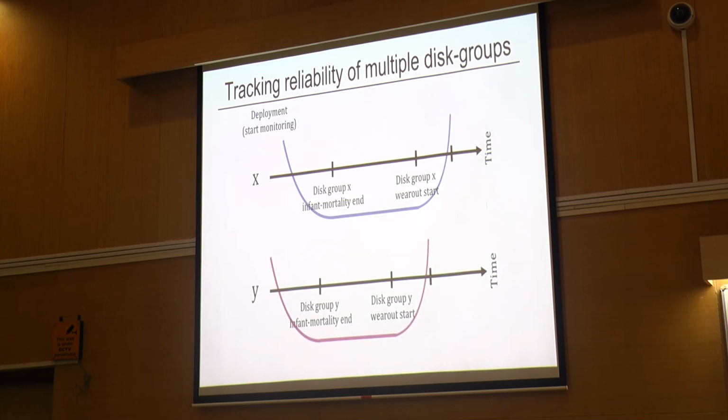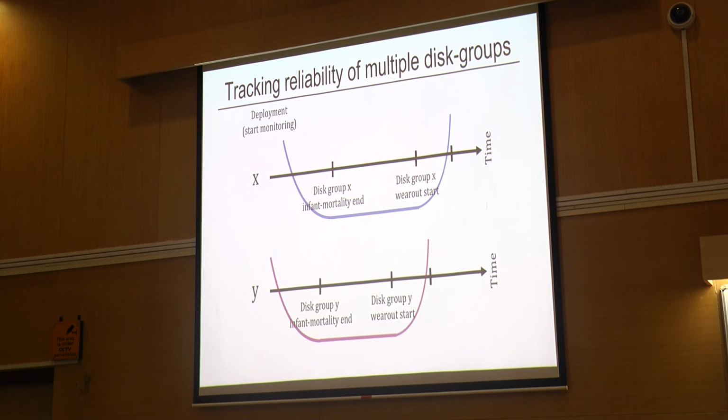So what would this mean? Suppose we have a storage system with different disk groups, let's say X and Y. These different disk groups are going to be deployed into the system at different time instances, and each of them is going to have a different bathtub curve. So they are going to enter useful life at different times, exit useful life at different times, and so on.